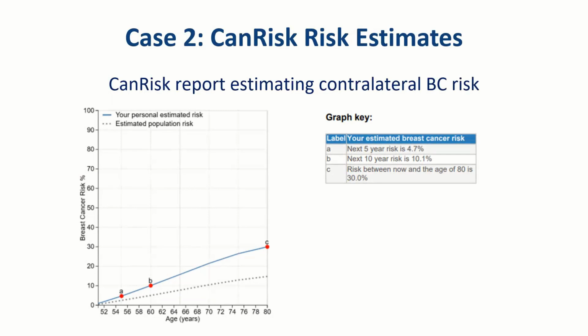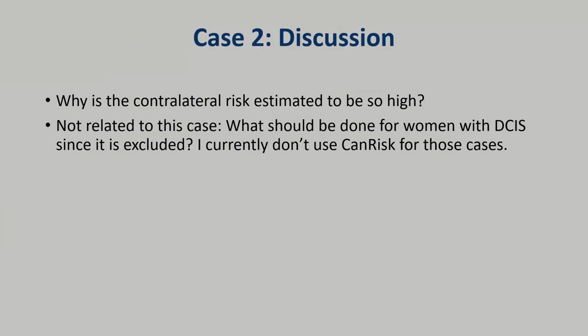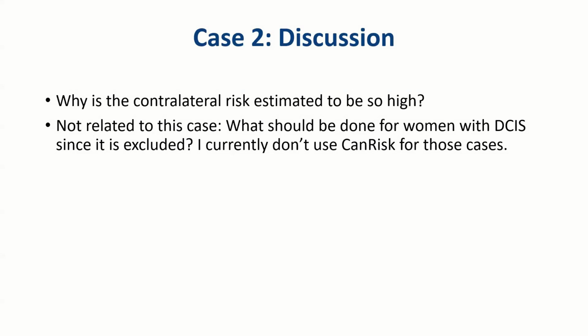So my question is, what went into making that so high? Am I understanding that with BARD1 pathogenic variant carriers, we don't have much data about contralateral risk? And this is not related to this case, but I have been wanting to ask: what do we do about our women with DCIS who also have these rare genetic variants, since you can't count that as a breast cancer in the model? I just want to put that out there because I always wondered that.